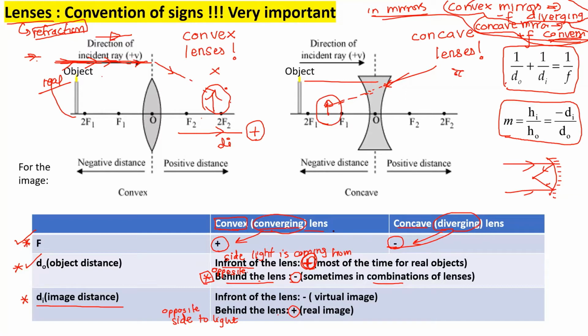If your DI is on this side, in front of the lens, then it will be a negative value. This is the part which is completely opposite from mirrors. In mirrors, if your DI was here, it was a real image, right? Remember?